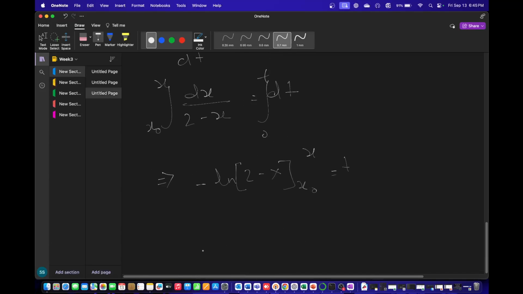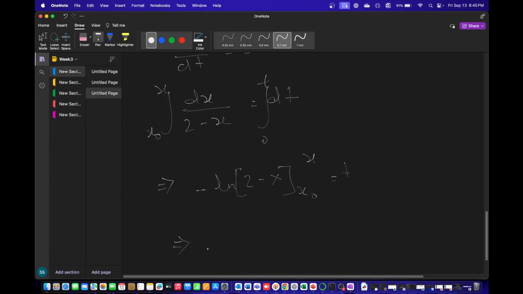Now you take log and put the value of x naught here. Since there is a negative, it will be flipped, so log of (2 minus x) by (2 minus x naught) equals minus t.